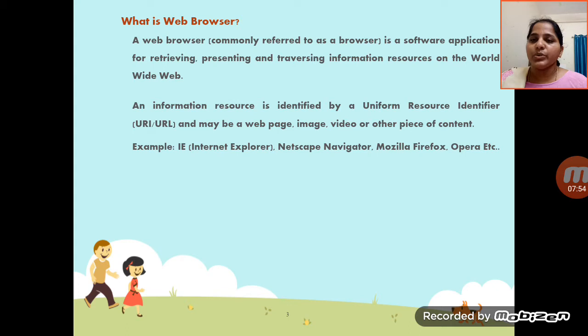So many people use browsers like IE, Internet Explorer, which was the first basic one, then Netscape Navigator, and Mozilla Firefox, Chrome and Opera, like that. So many web browsers are there.